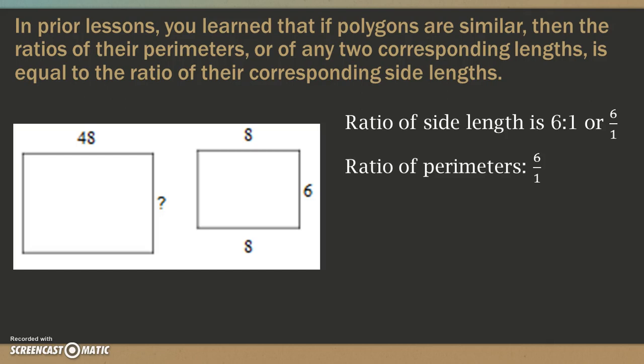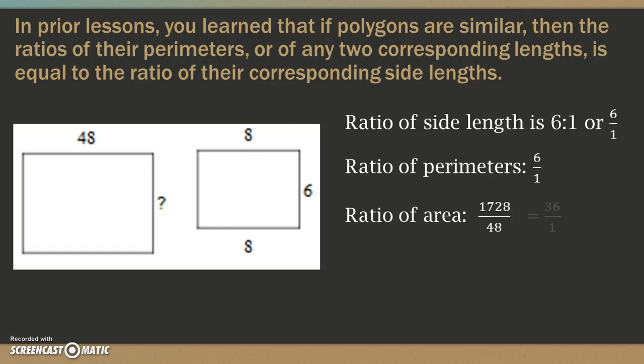And the ratio of the areas, we have to first find this missing side length. It's 6 times bigger, so 6 times 6 is 36. So that missing side length is 36. So the ratio of the areas, 36 times 48, is 1,728 to 6 times 8, which is 48. So that's the ratio of the areas.